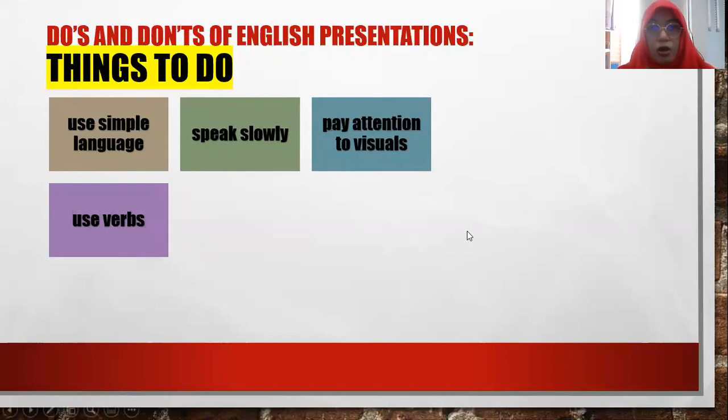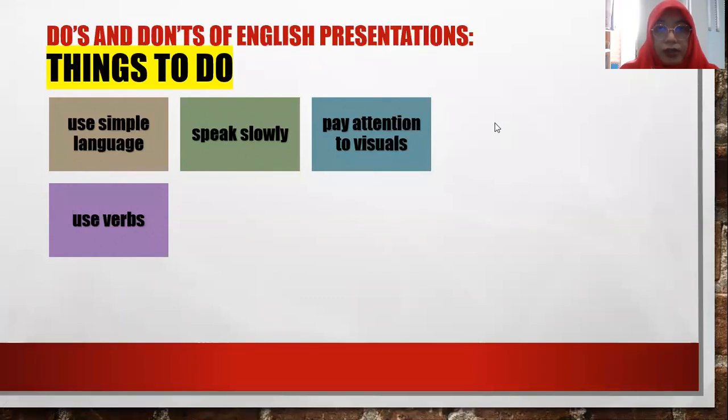So what does this mean? Verbs are more powerful in speaking than nouns. It's different from writing.